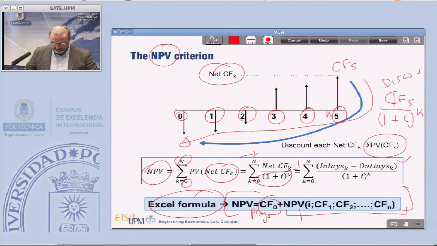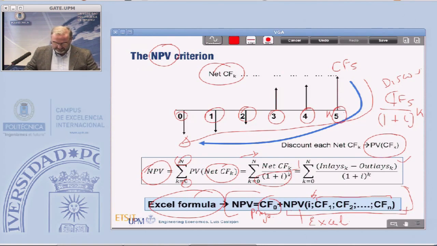This is the Excel formula, the NPV, with i being the interest rate or the cost of capital, and then what we write here is the full chain of net cash flows, for year 1, for year 2, for year n.